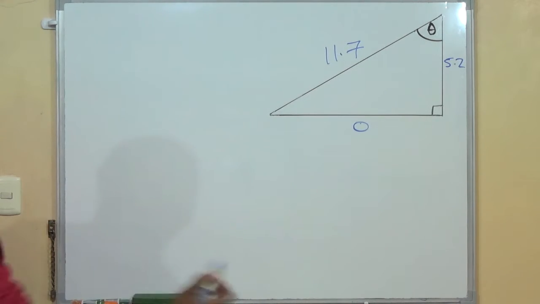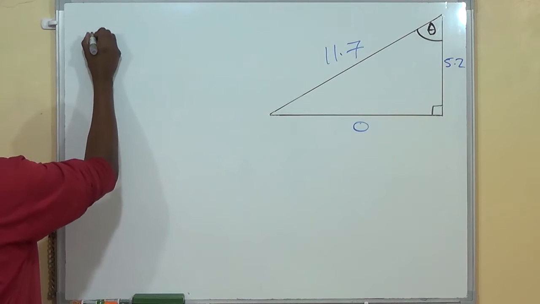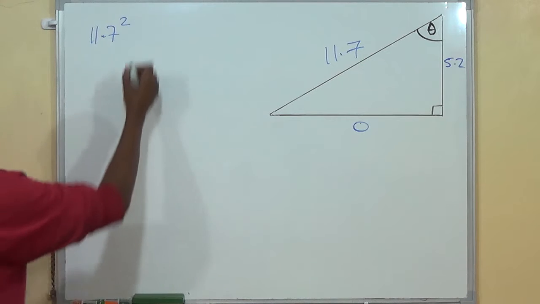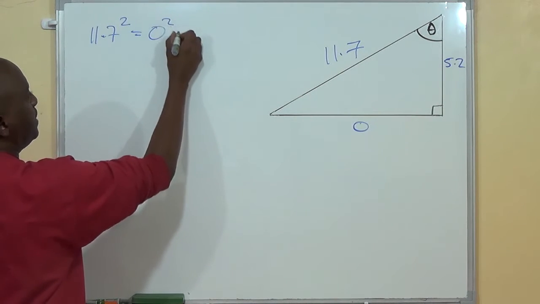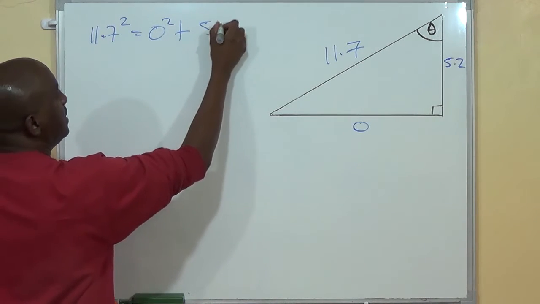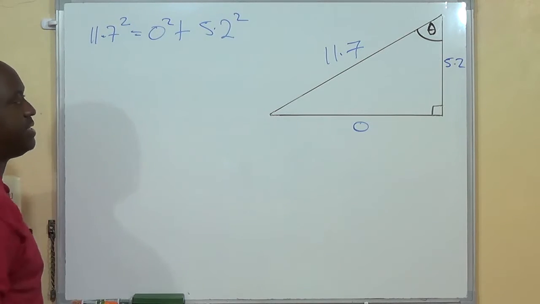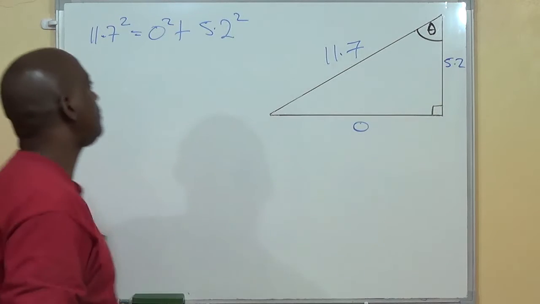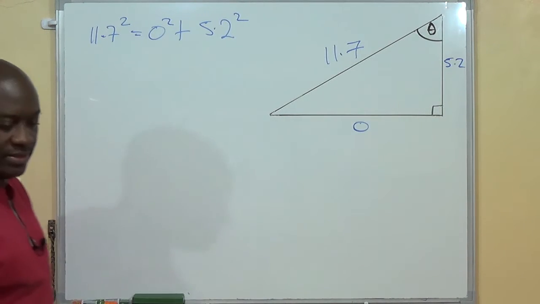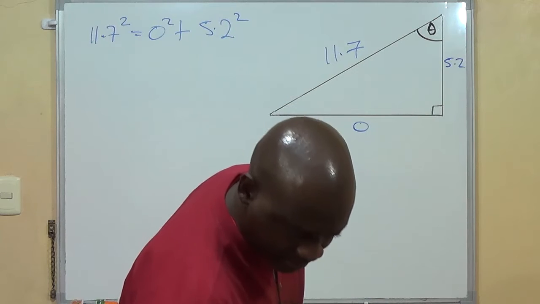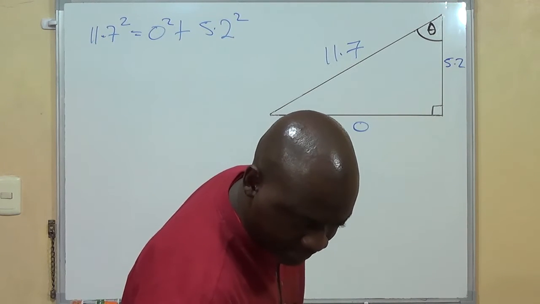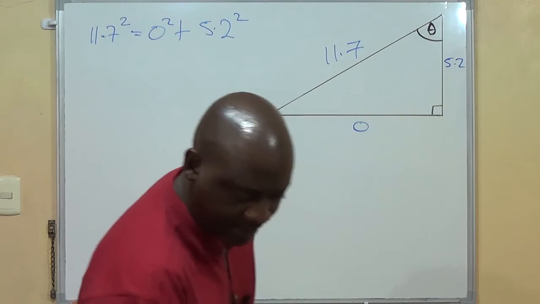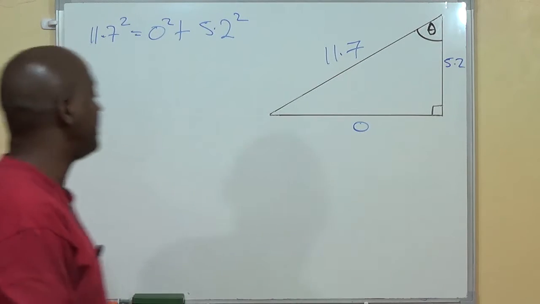So in this case, we start with the 11.7. So 11.7 squared, which we have as the hypotenuse, is equal to the opposite squared plus the adjacent side squared. The 5.2, of course, is the adjacent side because it is next to the reference angle. So 11.7 squared is equal to 136.89.